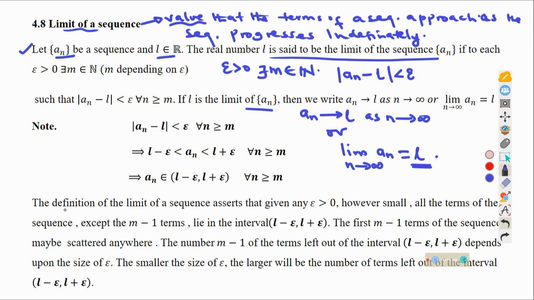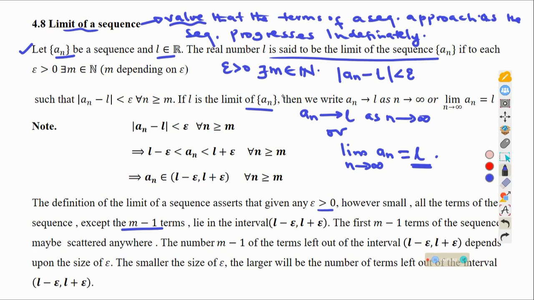And we are saying the definition of the limit of a sequence asserts that for any given epsilon, that is for any positive number, however small it may be, all the terms of the sequence except m minus 1 terms. Remember, for this case, we are taking the terms for which we are having m picked from the set of natural numbers.